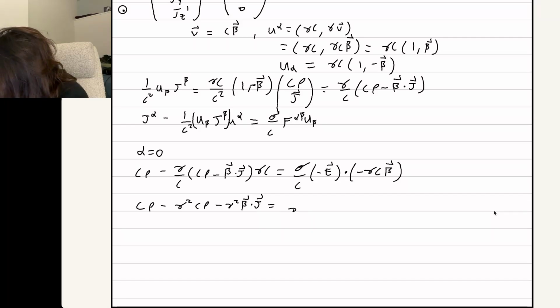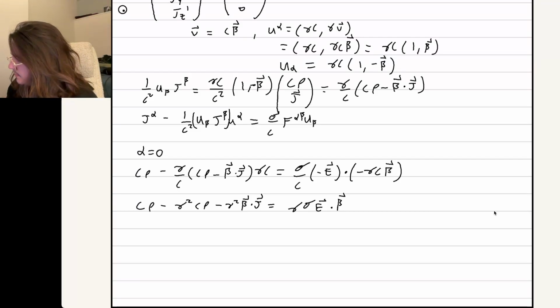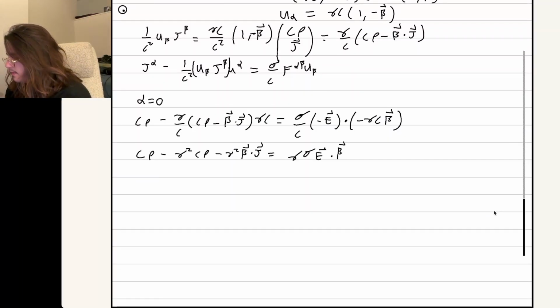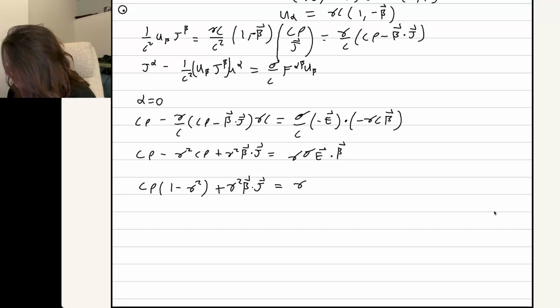We just have gamma sigma E dot beta. Okay, we can actually simplify this expression because we have c rho times 1 minus gamma squared, right? And actually this should be plus, I just noticed. This is gamma sigma E dot beta.